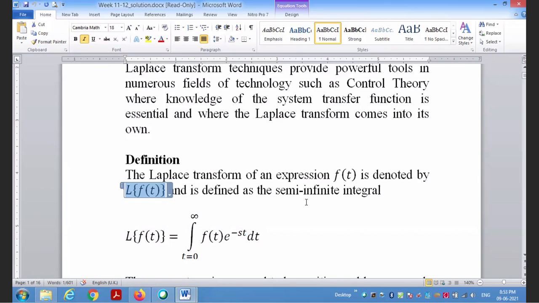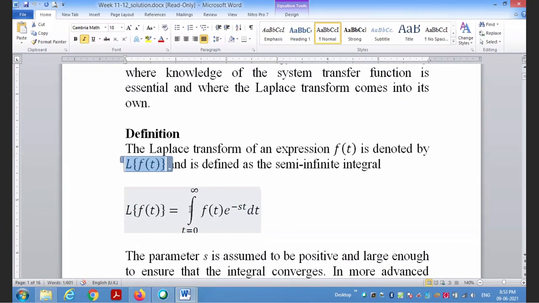A semi-infinite integral. What do you mean by semi-infinite? It's defined as the integral over t from 0 up till infinity. This is semi-infinite. We start from 0 up to infinity, the upper limit.